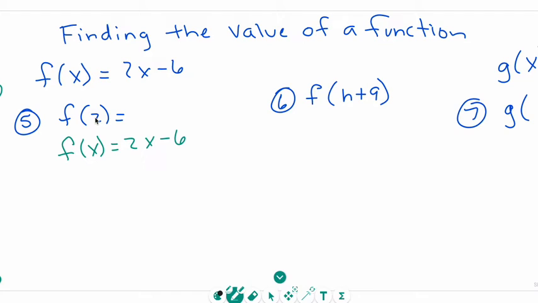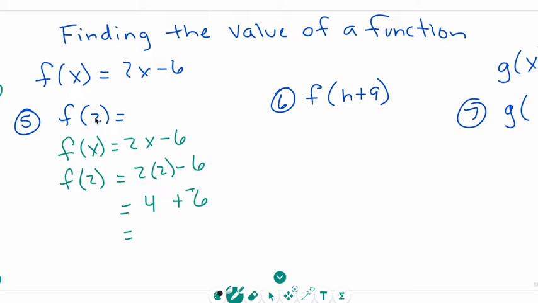Now we're going to go ahead and find the value of the function when x is 2. So every place that I see x, I'm going to substitute in a 2. I'm going to go ahead and use my PEMDAS to solve. So I'm going to have 4 minus 6. When do I subtract? Never. What do I do instead? I keep the 4, I change the subtraction to addition, and change the 6 to a -6.